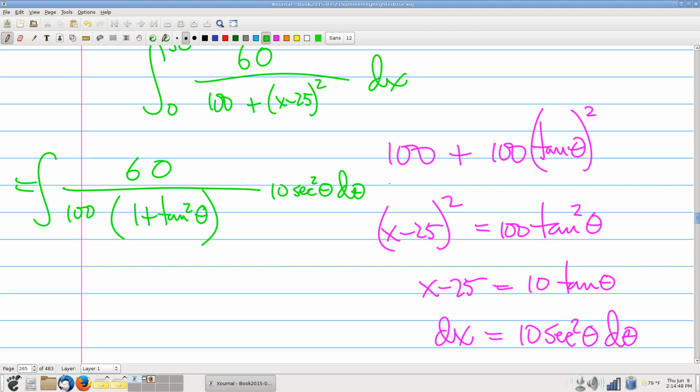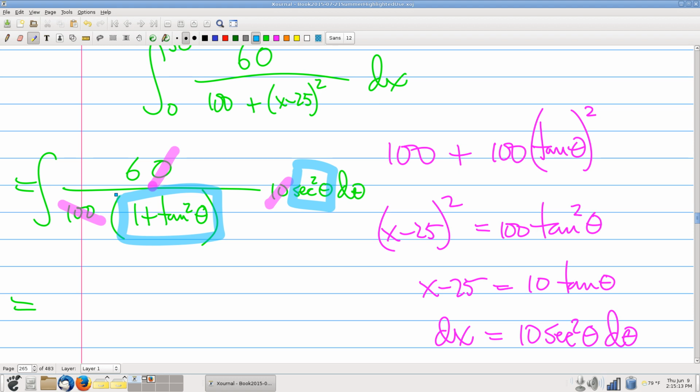Okay, and now begins a bunch of arithmetic, or algebra. The first observation I'll make is that the 10 and that 10 cancel that 100. Then let me observe that secant squared theta is 1 plus tan squared theta.